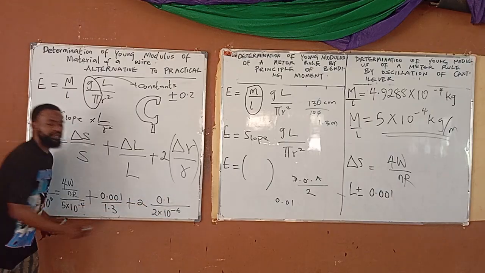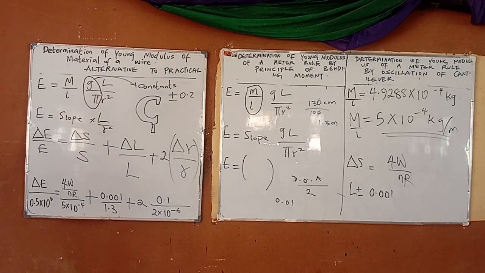Okay, see, when you use that divided by 2, let's say I come to do this practical and they did not give me any plus or minus. Like, they gave me the diameter to be plus or minus 0.2, but they did not give me that for 130. Let's say nothing was given as plus or minus.